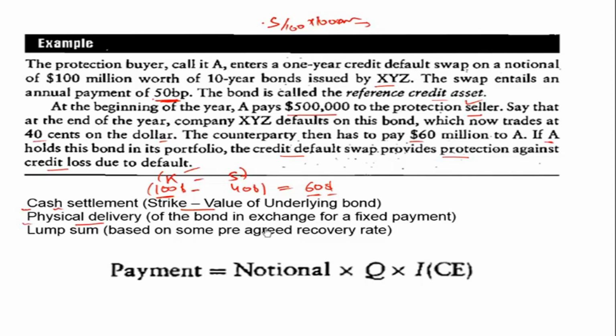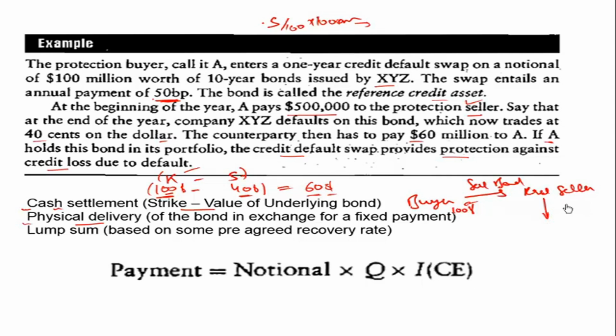In a physical delivery, the bond is actually exchanged for $100. If the strike price is $100, the protection buyer will actually sell the bond to the protection seller who will pay $100. So the buyer gets $100 and not $60, but he sells the bond. So the protection seller can now sell this bond in the market for how much?